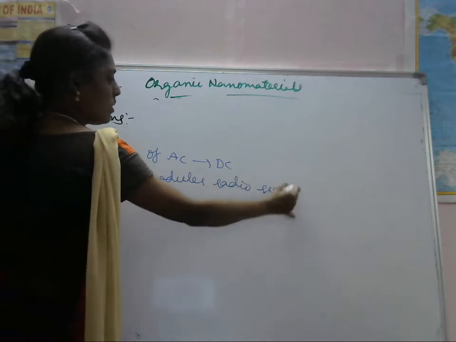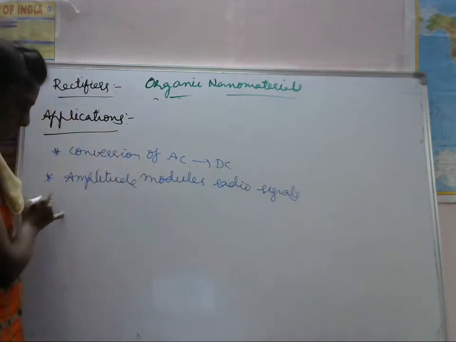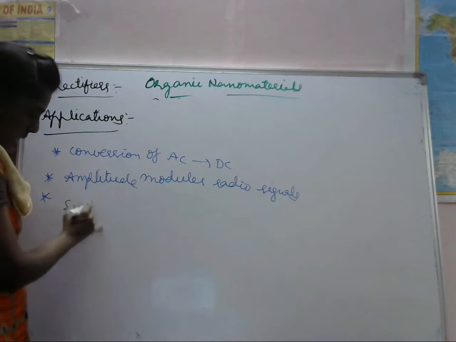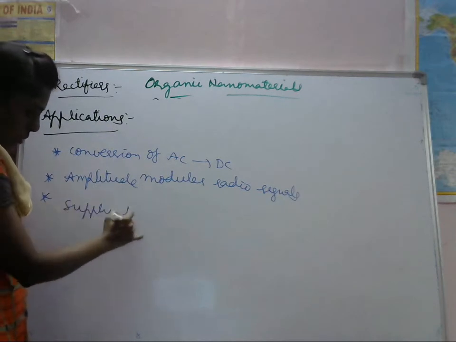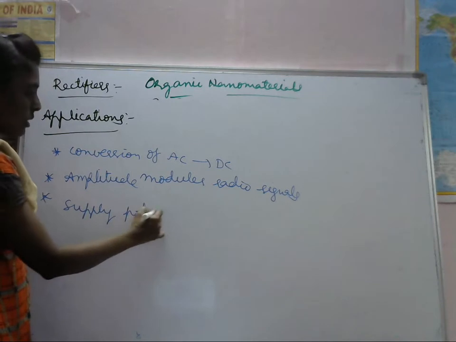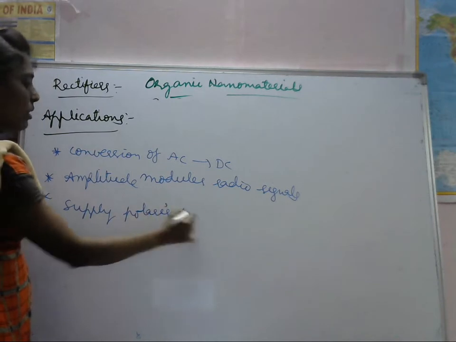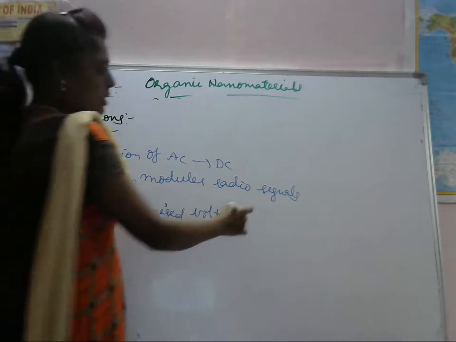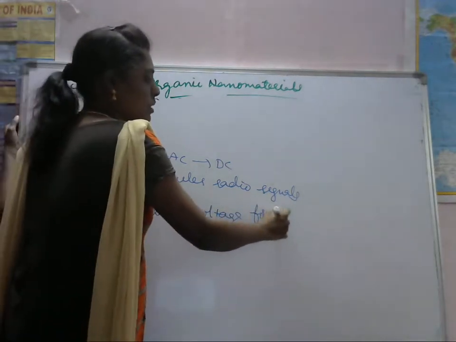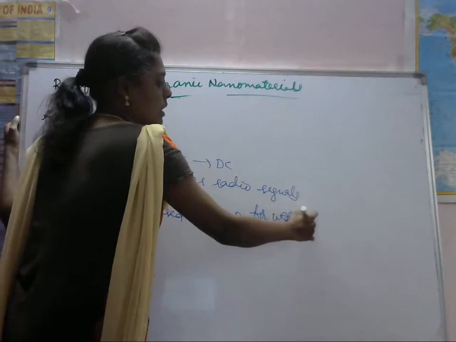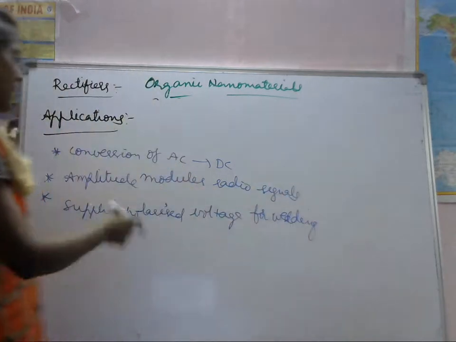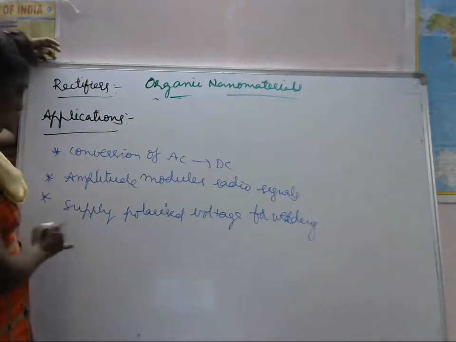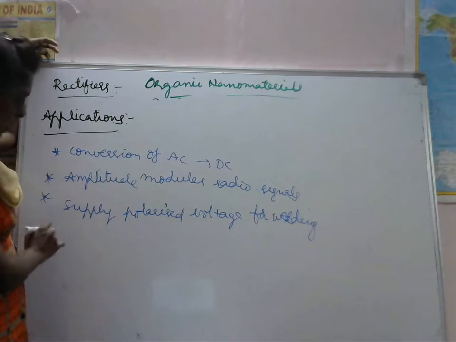The third one is supplying polarized voltage for welding. Polarized voltage for welding means if you see this welding, these supply polarized voltage.